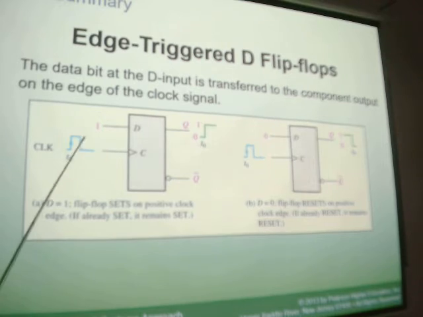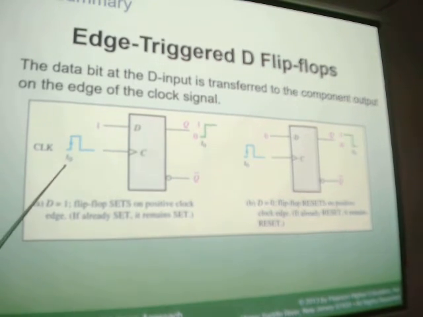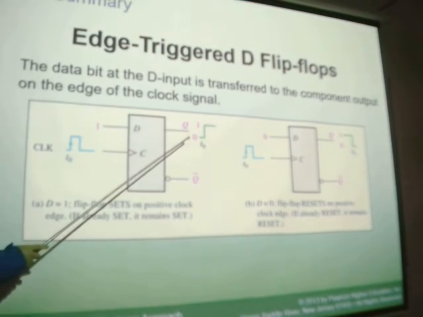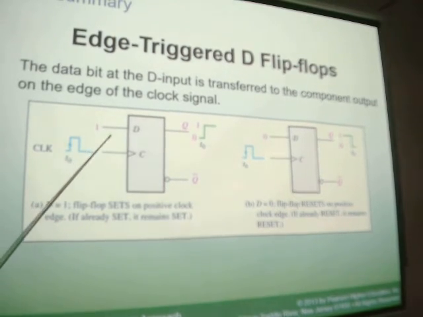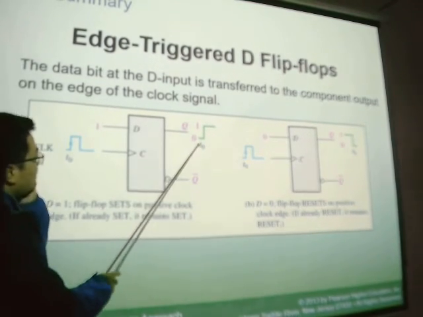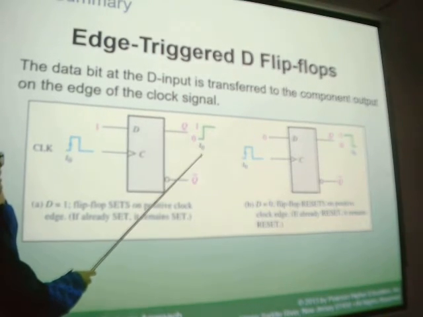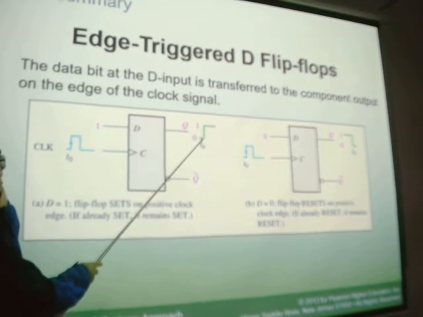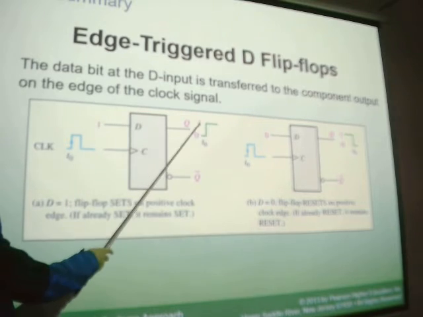When the positive edge comes, then Q will equal D. So before T0, Q equals 0, and when the time is T0, the output Q will equal D, so the value will be 1.